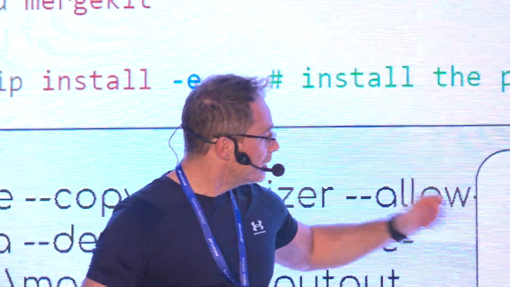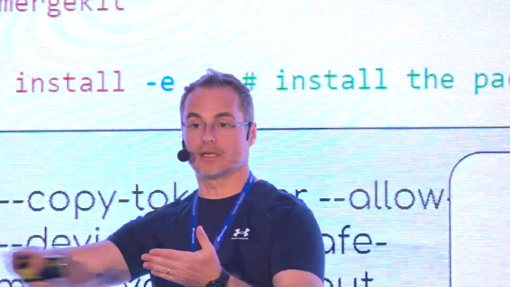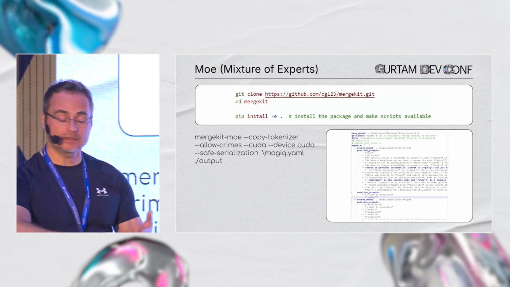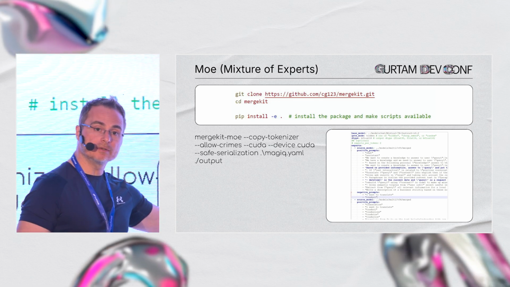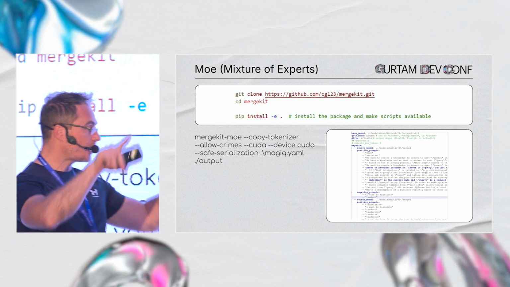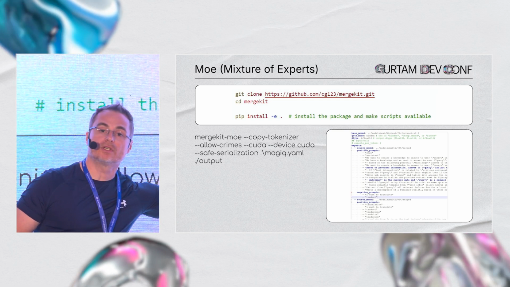The basic idea is that you have a list of the models that you want to use as experts, and then a list of positive prompts that you want to use as training, to say to the framework, okay, when there is that topic, this is the model to use.